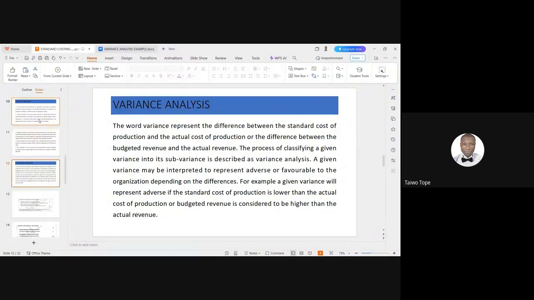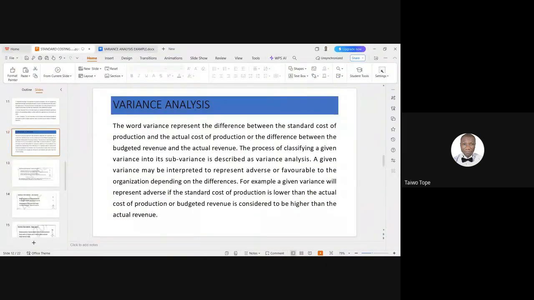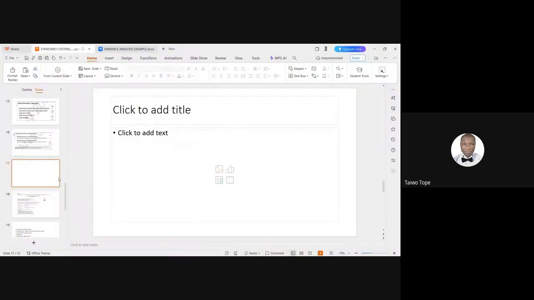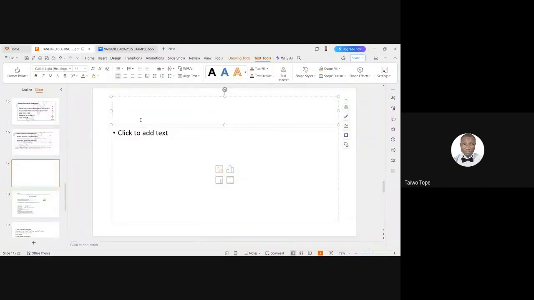So beyond the computation we will solve, we should ask ourselves, why the variance? Why the difference? This is very important. So variance is the difference between the standard and the actual. Let me start my write-up gradually.